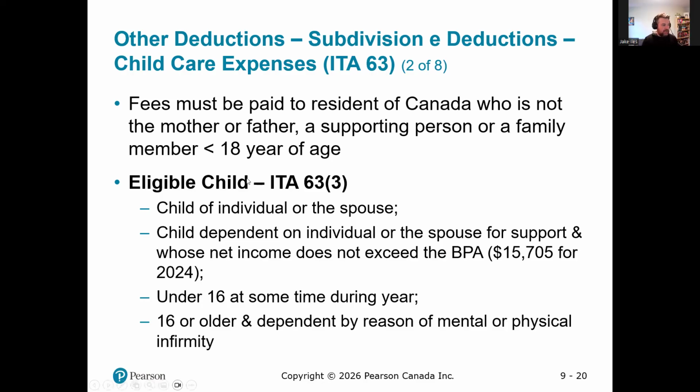So an eligible child has to be a child of the individual or the spouse, or a child dependent on the individual or spouse for support, and whose net income does not exceed the basic personal amount. So if your child's earning income and that's using up the credits, that's sort of an insinuation that your child can care for itself, at least in some nominal way.